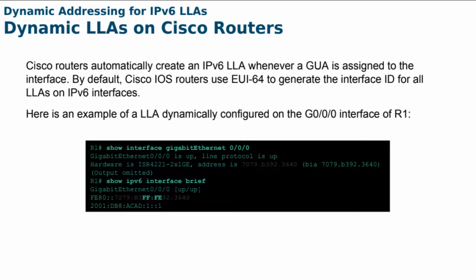So here we have 7279 colon B3 FF colon FE and then 92. And if you look here, you have 7079 B392. So the router also uses the EUI64 to generate the interface ID.